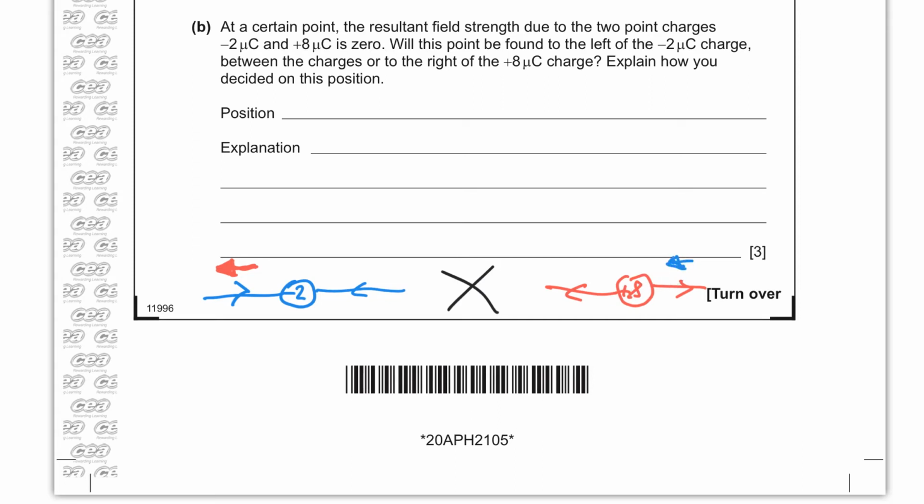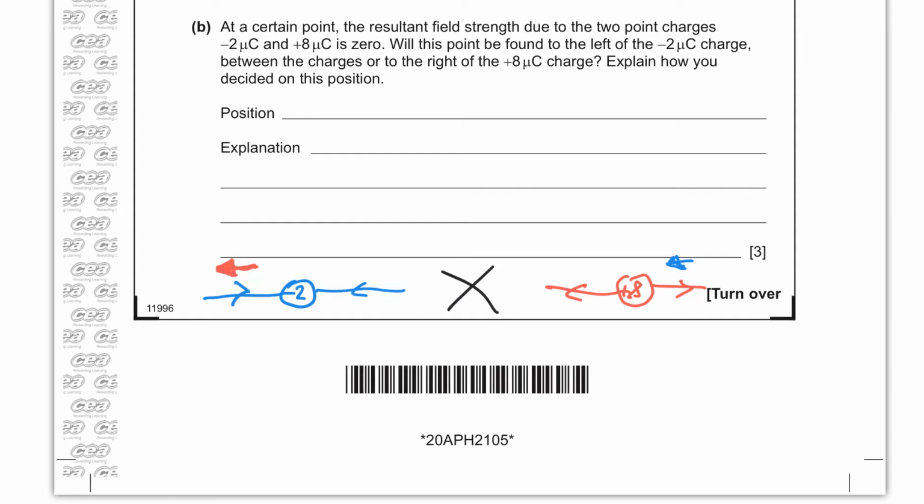So this weakened version of the 2 field is never going to be strong enough. But a weakened version of the 8 definitely will be possible to be overcome by a field that's very close to the 2. So there will be a zone here where these can have equal magnitude.